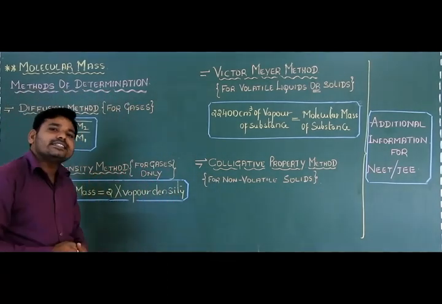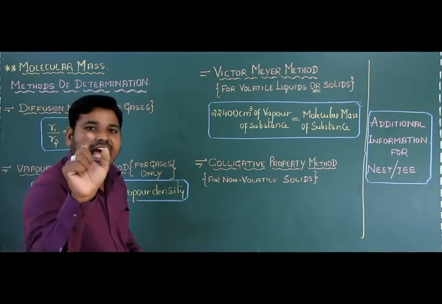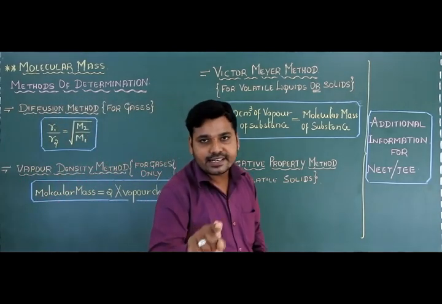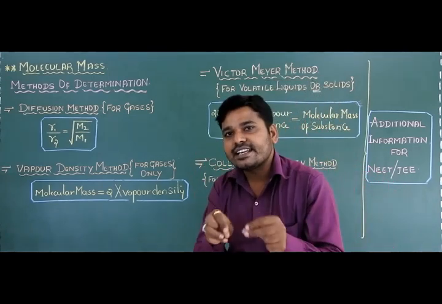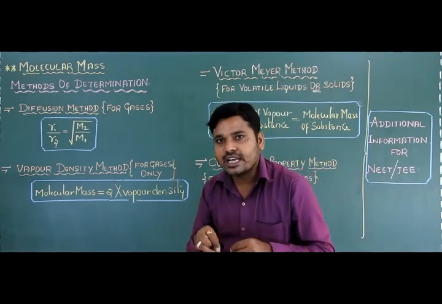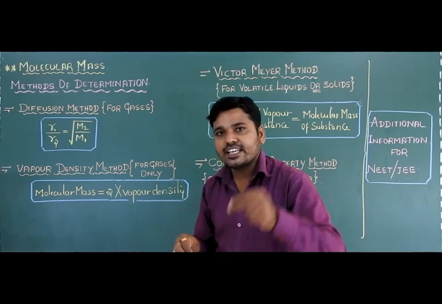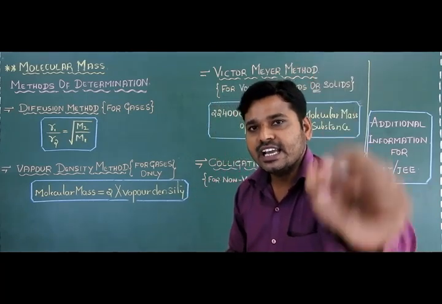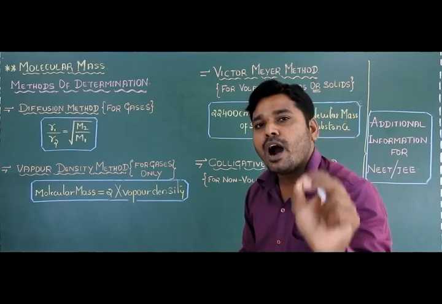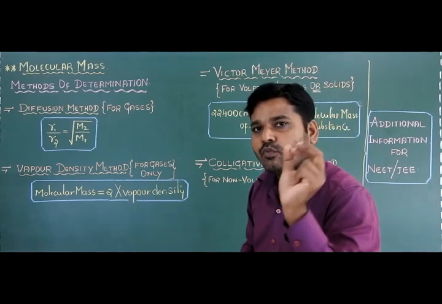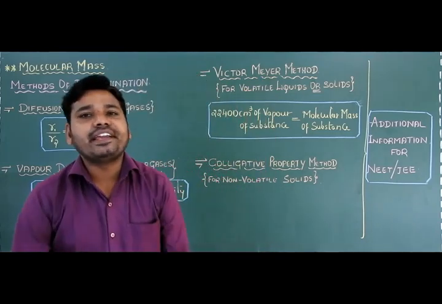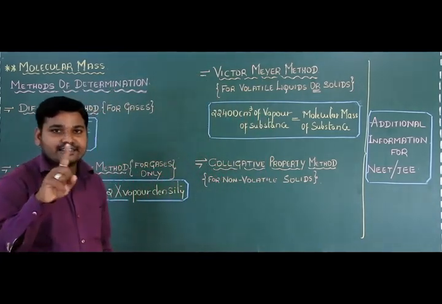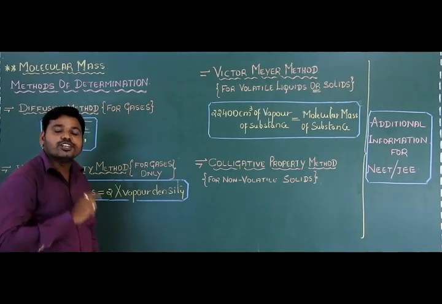And this vapor density is defined as the mass of a certain volume of a substance divided by the mass of the same volume of hydrogen. That is nothing but vapor density. Please listen to this vapor density concept carefully.